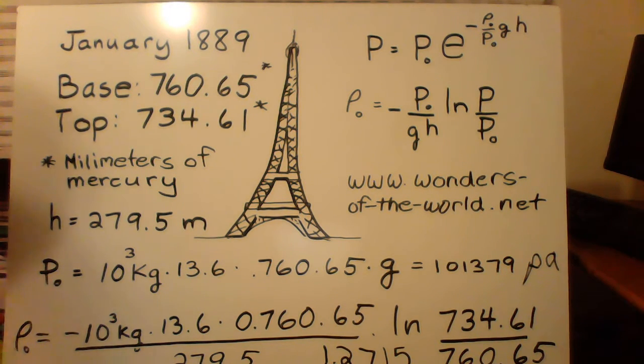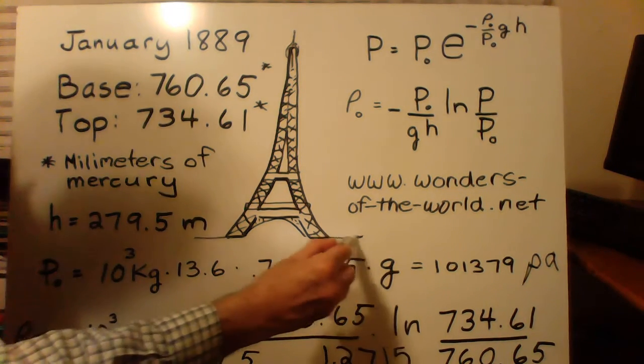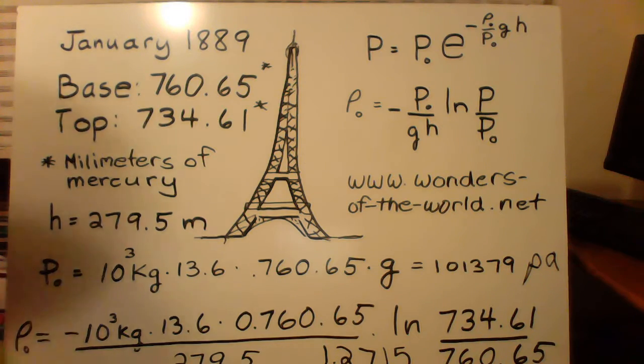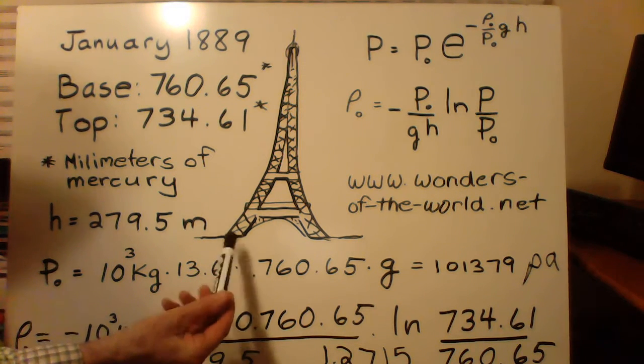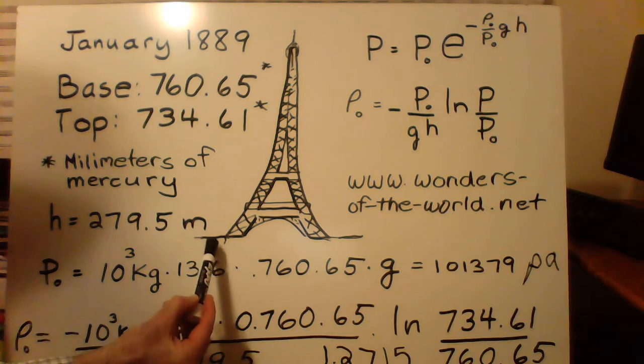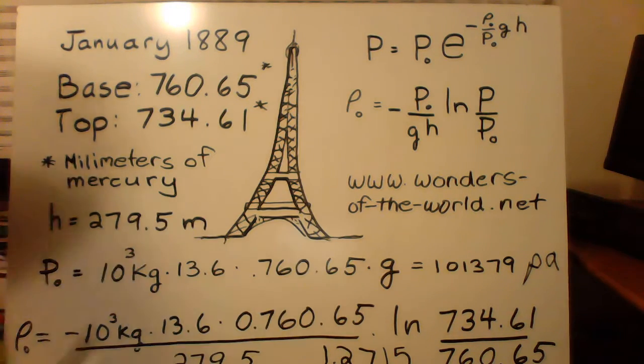What I found in doing a search one day was that exactly the right circumstances turn up in terms of the Eiffel Tower. When the Eiffel Tower was opened up, scientists put a weather station on the base, or close to the base, and then one close to the top of the tower.